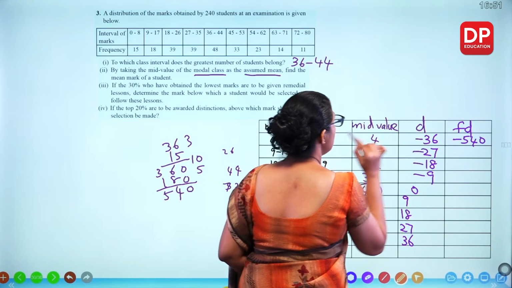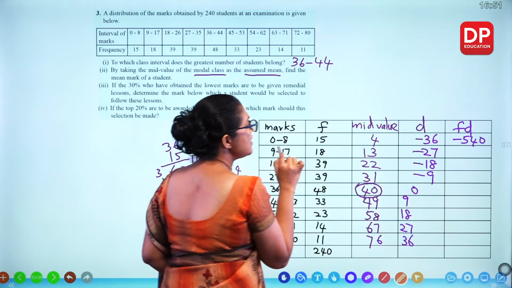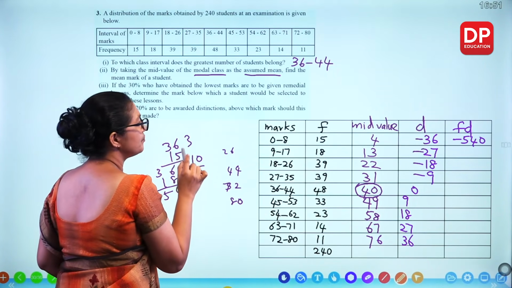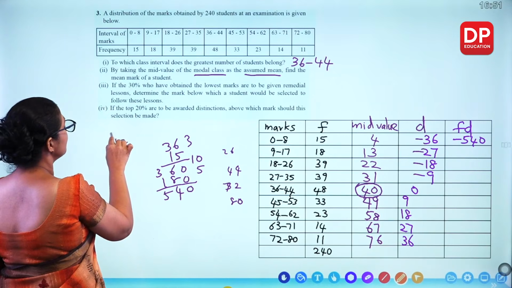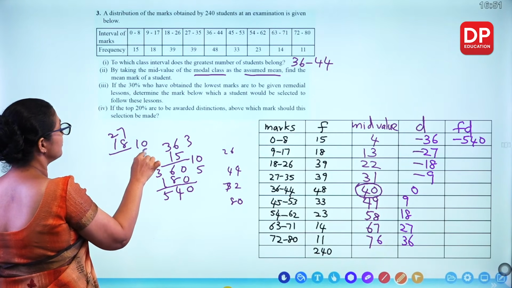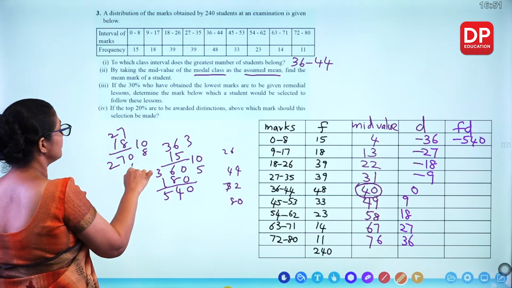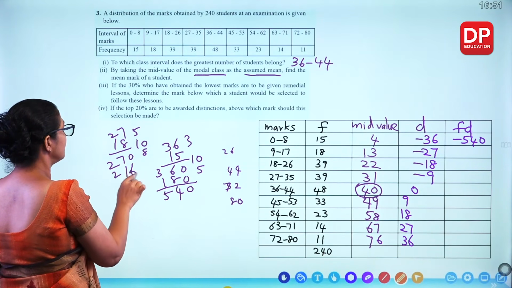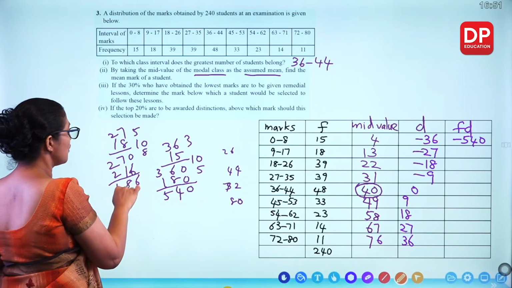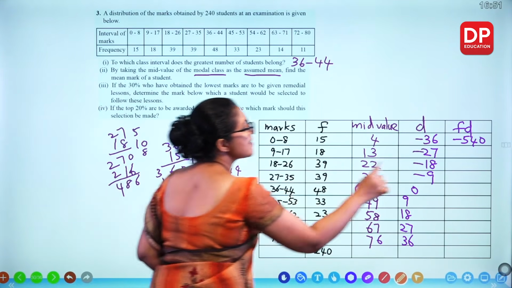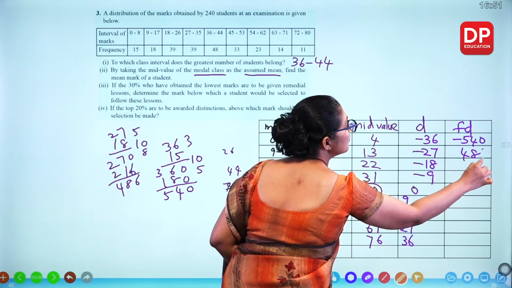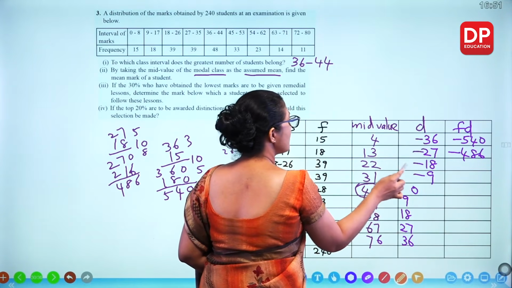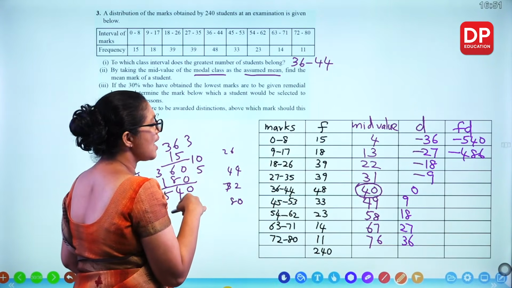That's negative. 18 times 27, 486. That's negative. 18 times 39.